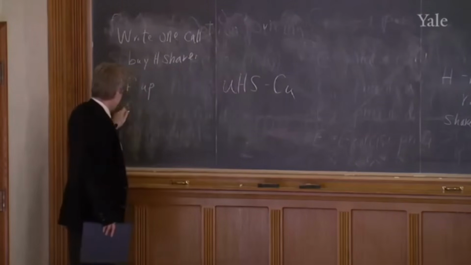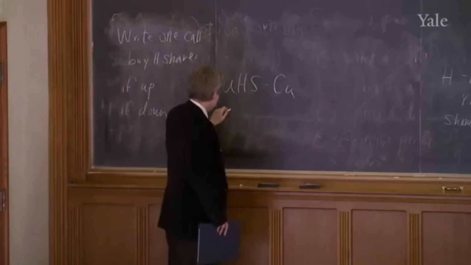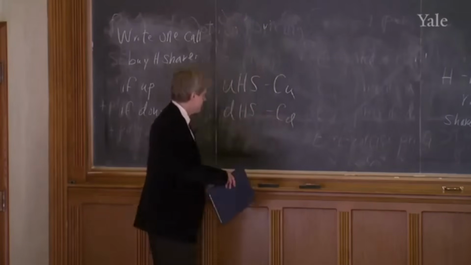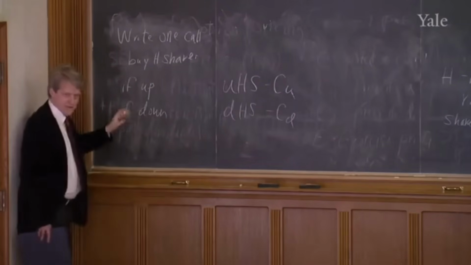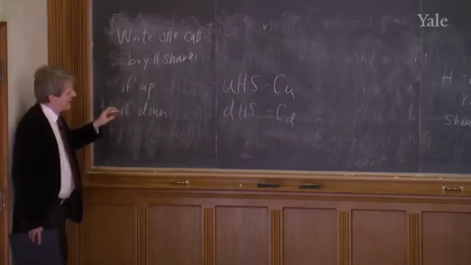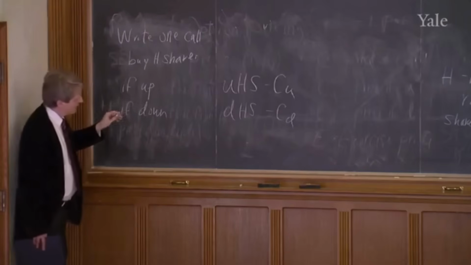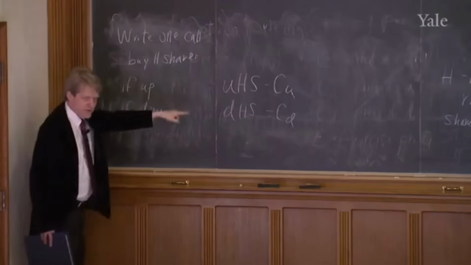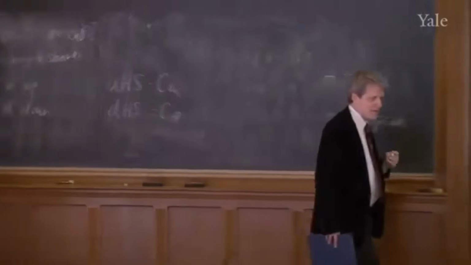If it's down, then my portfolio is DHS minus C sub D. Okay? This is simple enough? Now what I want to do is eliminate all risk. So that means I want to choose H so that these two numbers are the same. And if I do that, I've got a riskless investment.